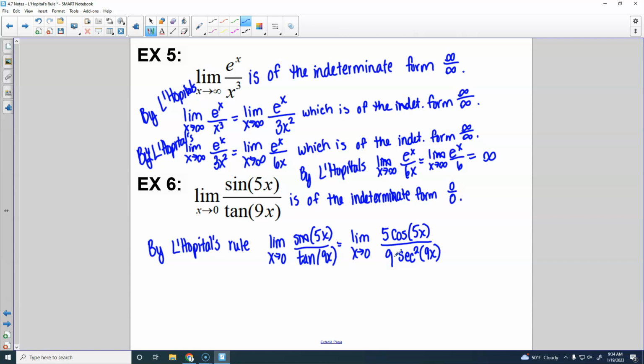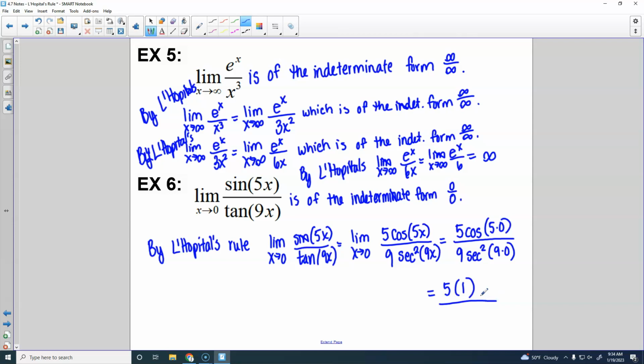Now, cosine of 0 is 1. So I'm not getting 0 over 0 now. I can plug in. So I'm doing 5 cosine of 5 times 0 over 9 secant squared of 9 times 0. So what is cosine of 0? It is 1.